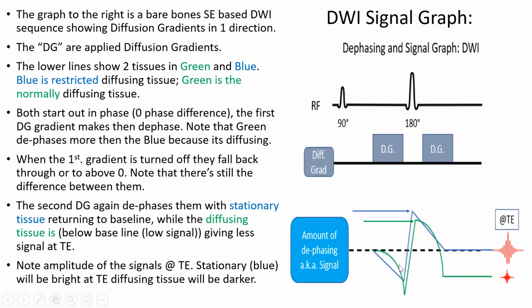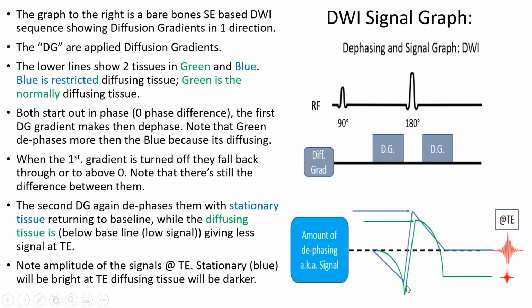It's restricted, so it doesn't dephase as much. Okay. And then you turn on another gradient and you're going to refocus them. And they're going to come above this line. And then when you DWI them again, they're going to go back to where they were. But one has got a lot more phase. Okay. That is the restricted diffusion. That's the blue. That's the water.